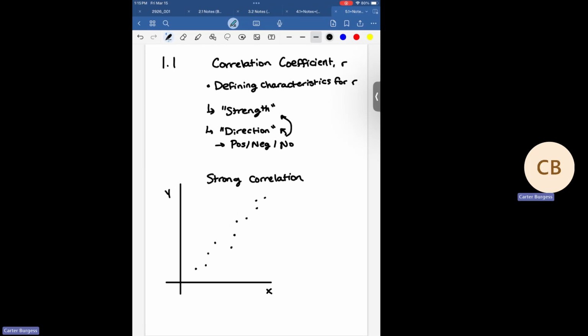Which is to say that the changes that we see in X give us a good, solid indicator for the kind of changes that we would see in Y. Importantly, we are still seeing changes. If I gave you an X value that could be anything and a Y value that just stays the same, we might have a high level of predictability, but that doesn't necessarily mean the correlation is strong.